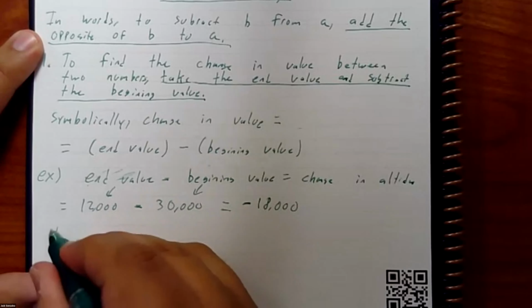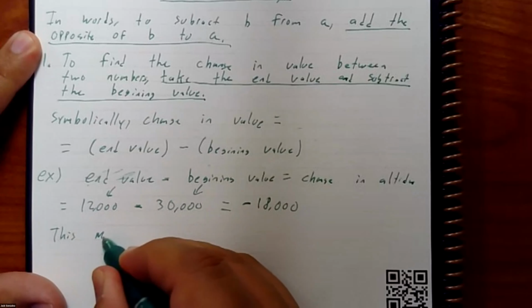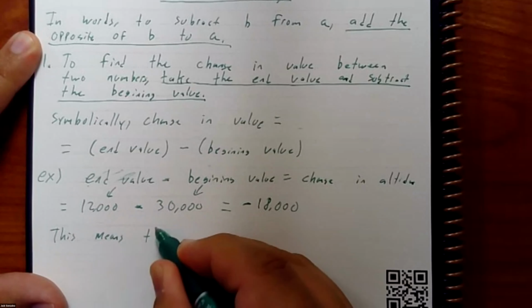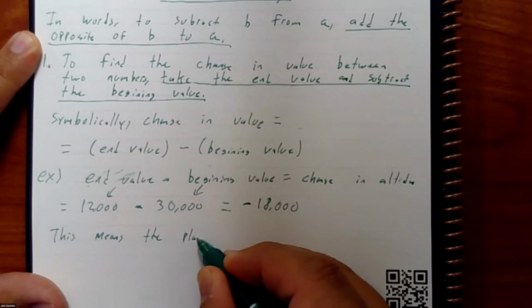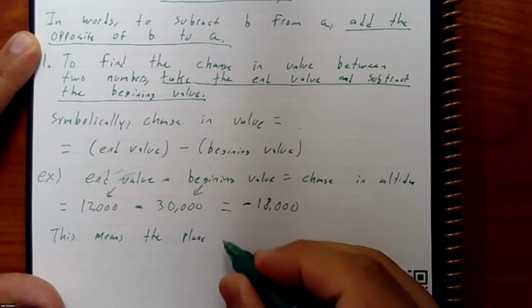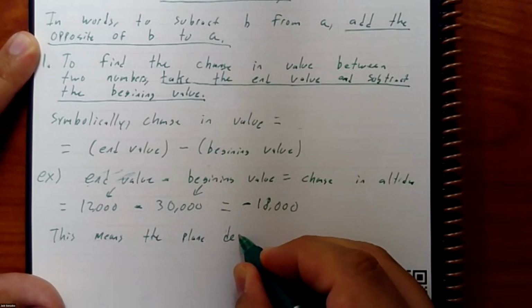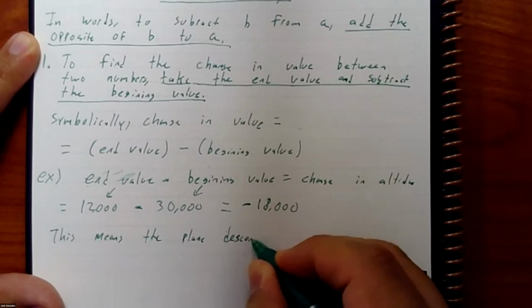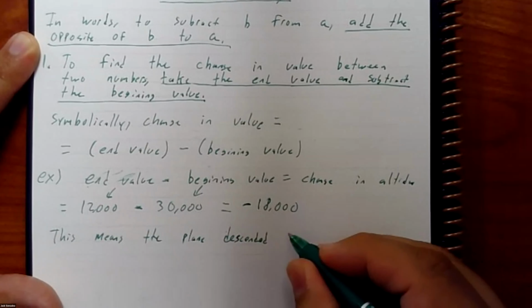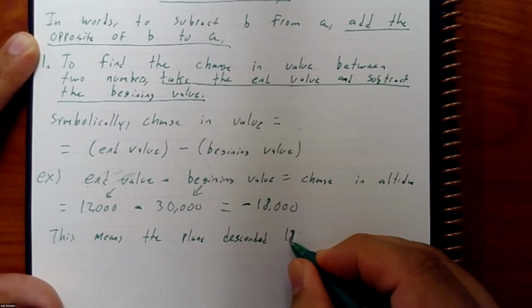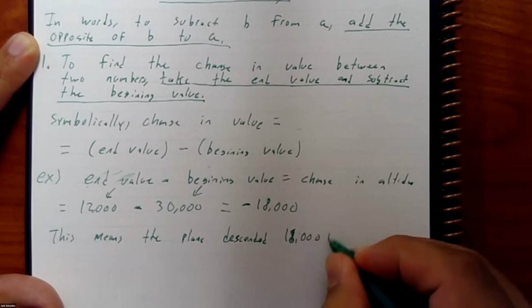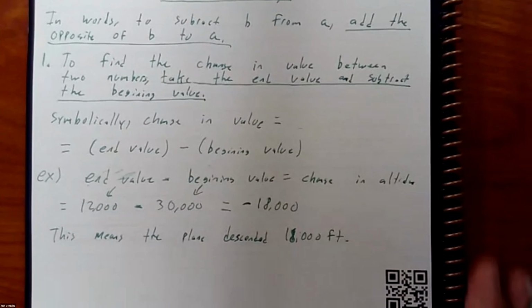So this means, in plain English, the plane descended 18,000 feet because it's negative 18. Any questions on the first example?